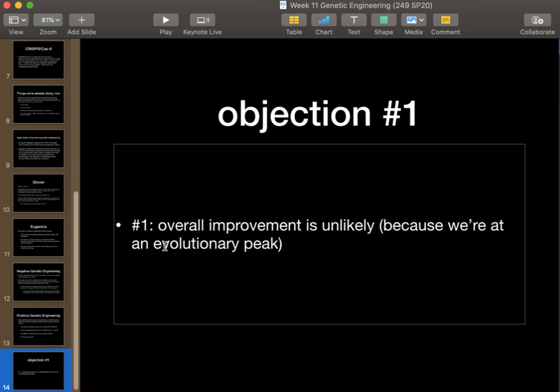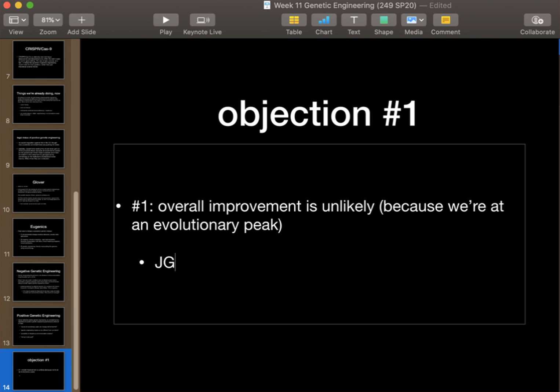Evolution by natural selection has already made the human species about as good as it can be given the environment that we are in. Okay? So if we are going to muck around with what evolution has already done, we are going to make things worse, because evolution by natural selection has already made us pretty much perfect. All right? That's the objection.